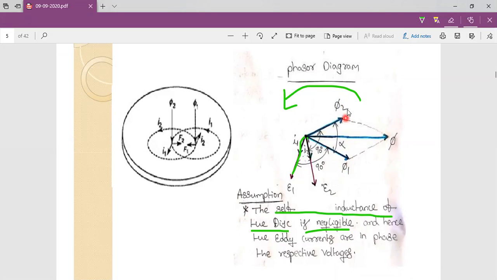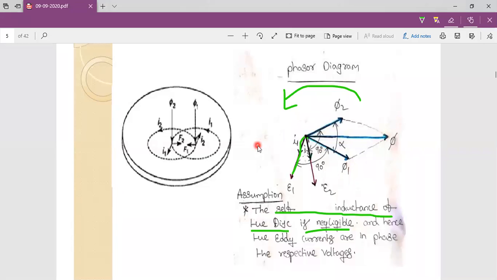Because of these interactions, we see two torques on the disk. The first torque is because of I1 interacting with phi 2, and the second is because of I2 interacting with phi 1, like in an electromagnetic motor, such as an induction motor or a DC motor.